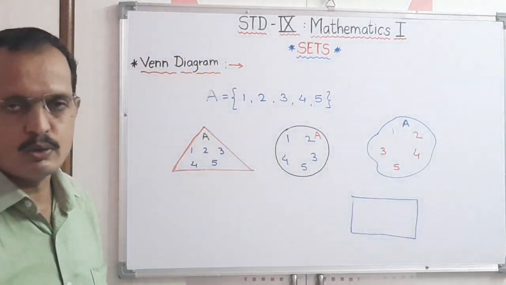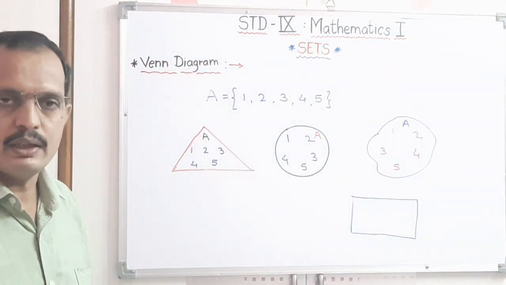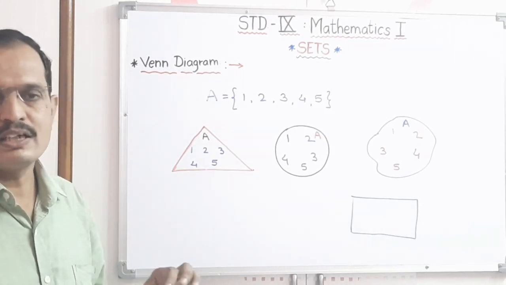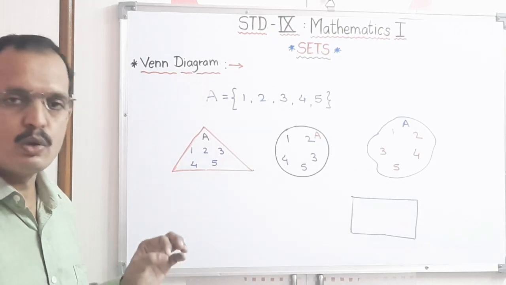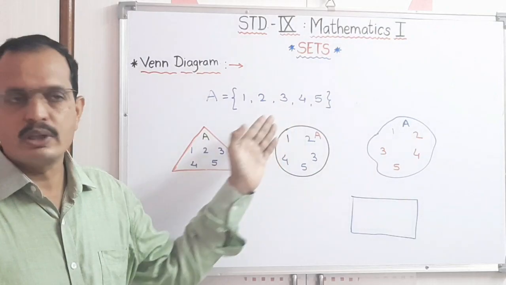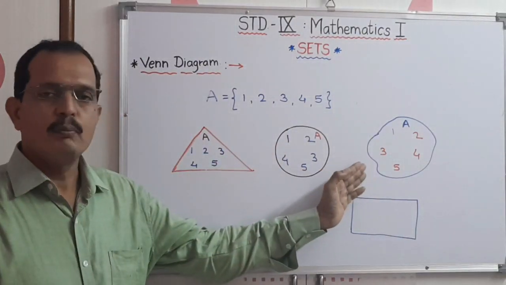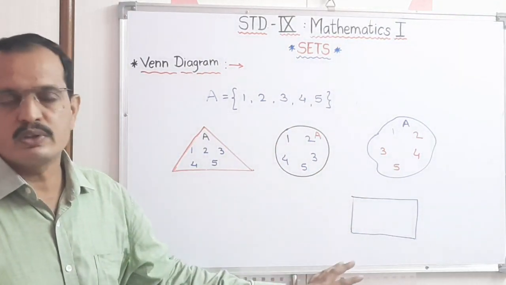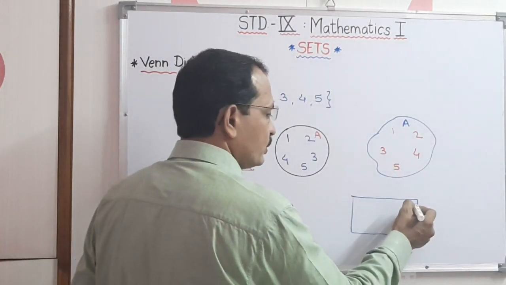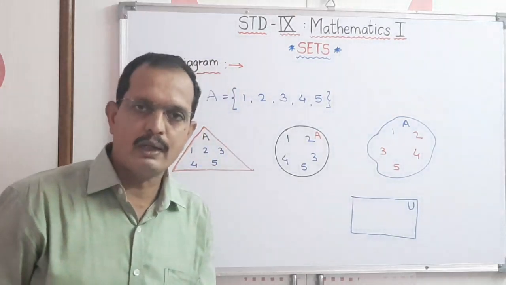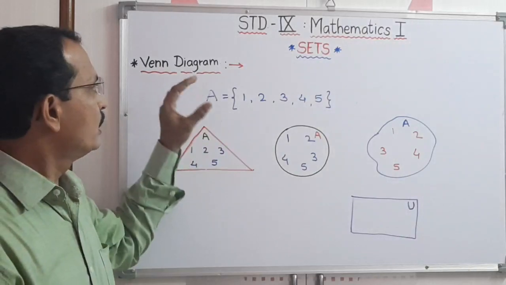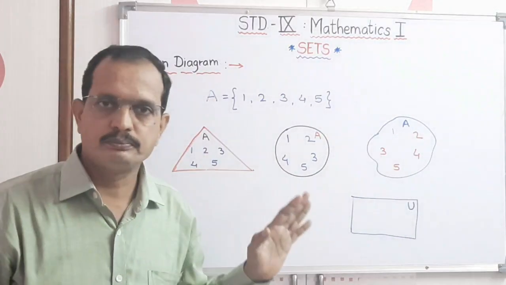I will explain that later on. First, I think everyone understood what a Venn diagram is: representation of a set by a closed figure is known as a Venn diagram. For any set we can draw any closed figure, but for representation of a universal set we have to use the rectangular figure, and the universal set is always denoted by the letter U. I think everyone understood this Venn diagram part.